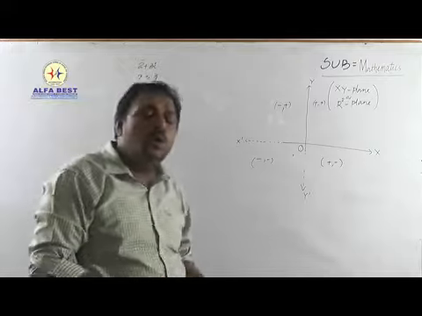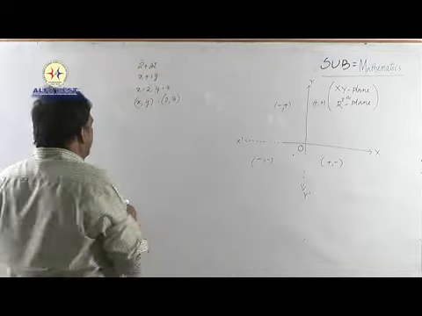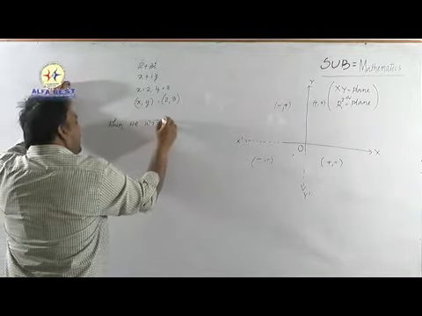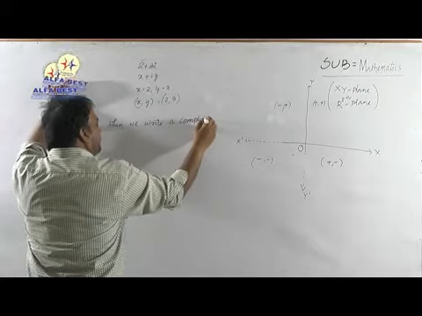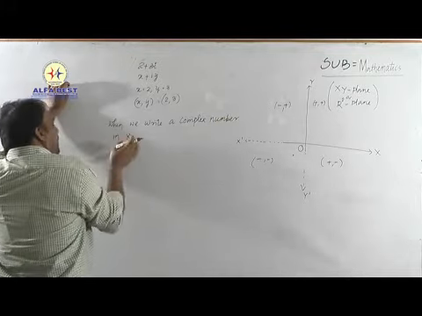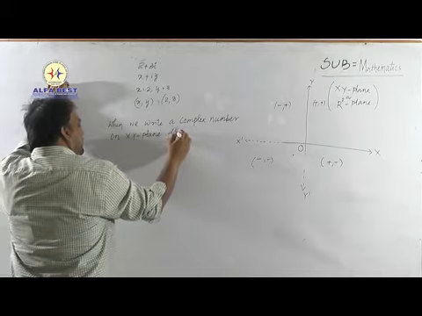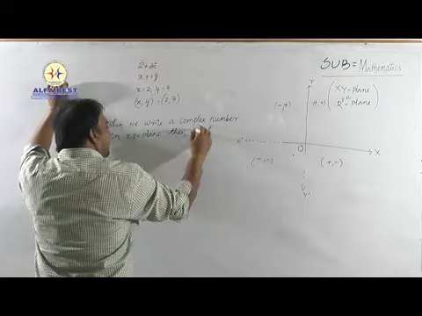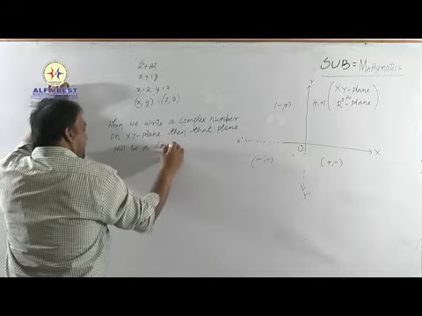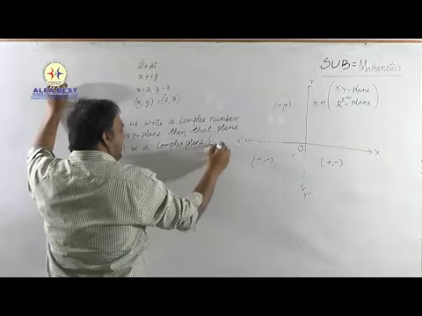So there is no other plane, there is no separate complex plane, but when we write a complex number in the xy plane, or on the xy plane, then that plane will be a complex plane, or you can say it as the Argand plane.